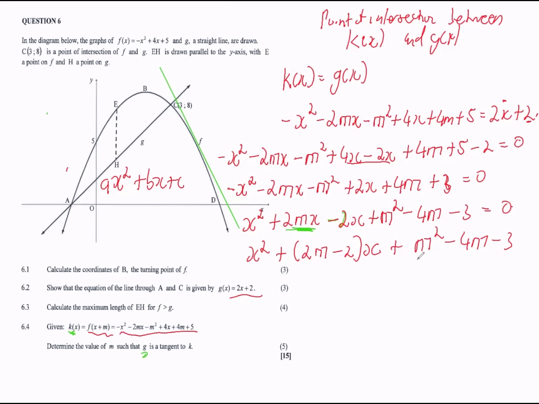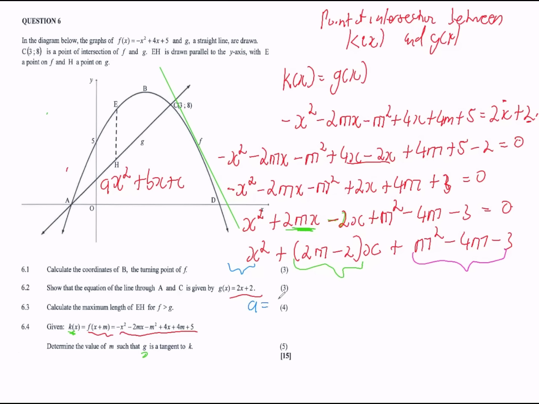So I'm just going to take all of this as c. So this here will be one thing, there will be another thing, the coefficient of x, and then all of this would be c. So what is the coefficient of x squared here?